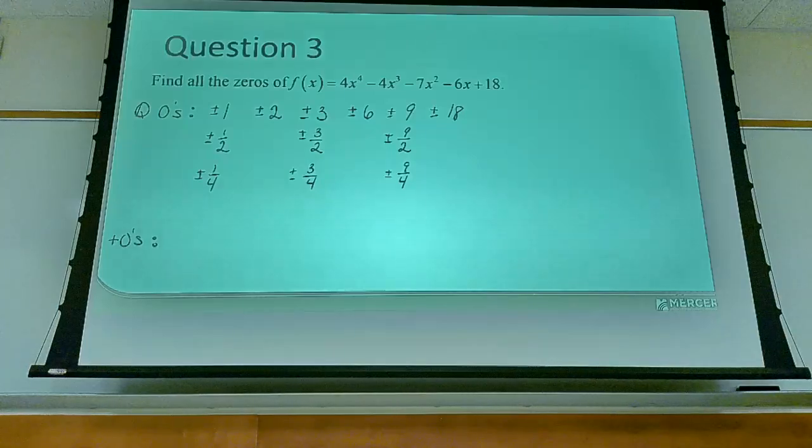So it's either 2 positive or no positives. Positive to positive to negative to positive to positive. So there's either 2 negatives or no negatives.